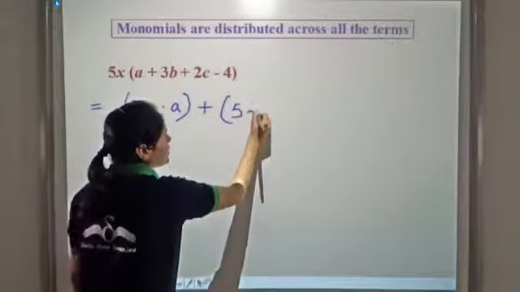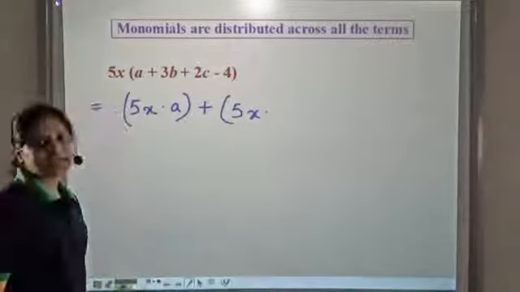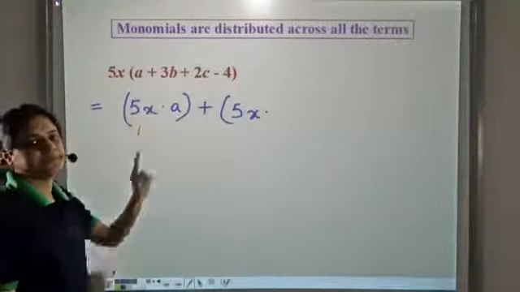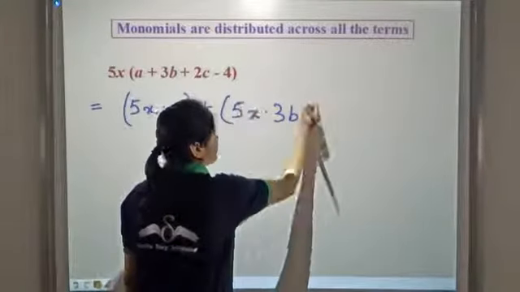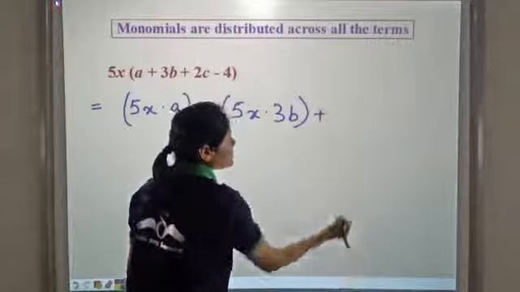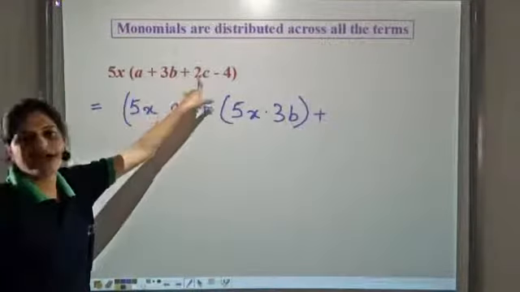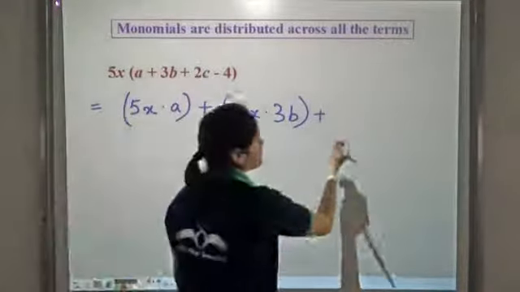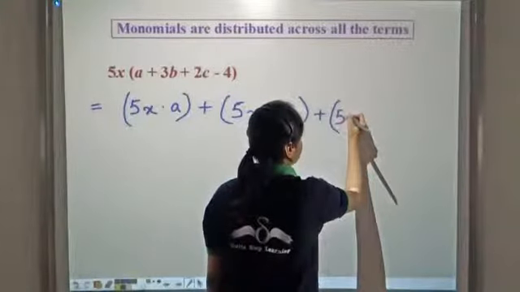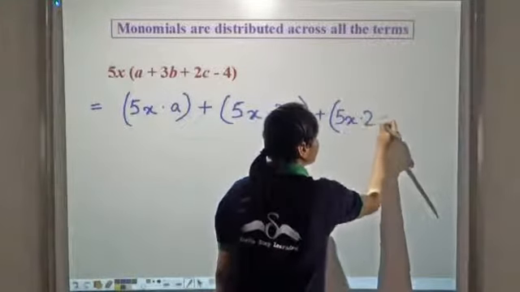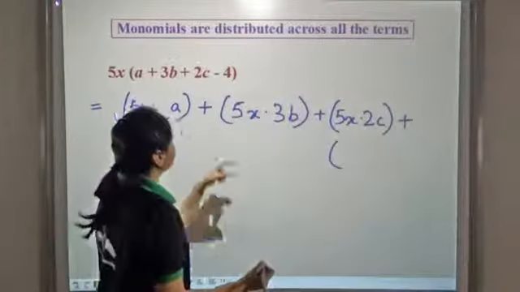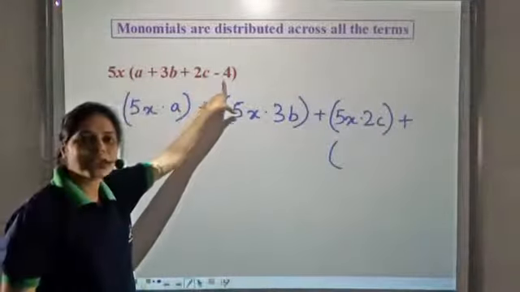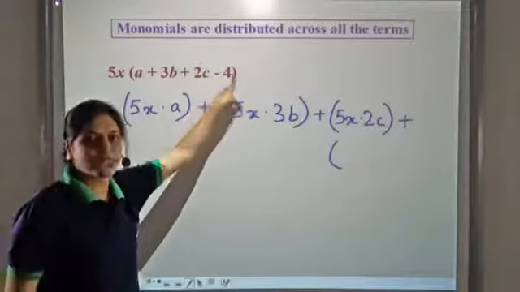5x times the second term, which is 3b. Plus 5x times the third term, 2c. Plus 5x times the last term, which is negative 4.